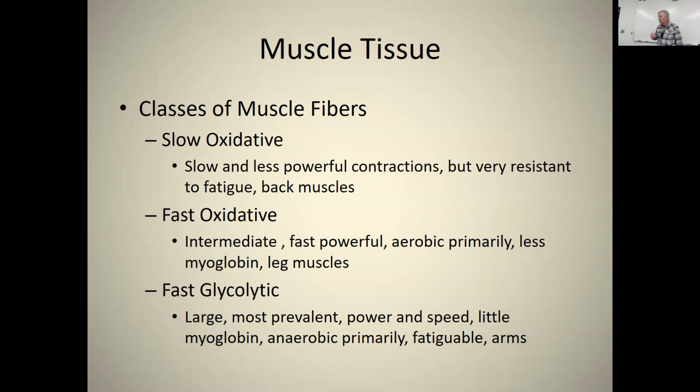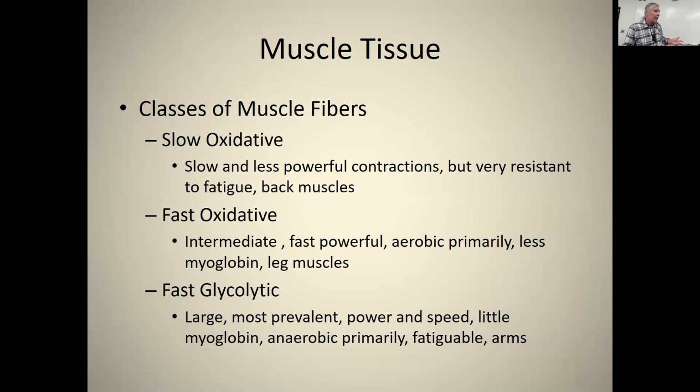Now you can change this a little bit by training, okay? And you might know, if you were on a track team or did any kind of sports, what you were better at. Whether you were better at a sprint, doing a 100-meter dash, or better at the longer distances, like the mile or 2 miles.